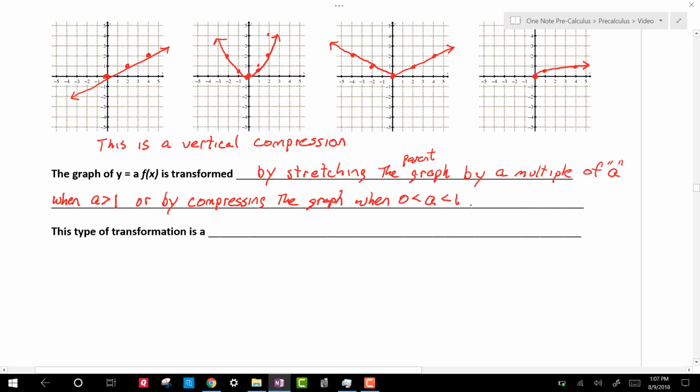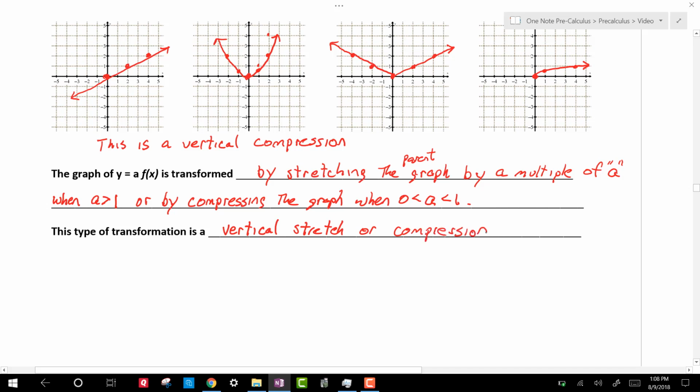So a has to be between 1 and 0 for it to push down. If a goes into a negative, then remember it flips it over. It does some other stuff there. Okay? So this type of transformation is a vertical stretch or compression.